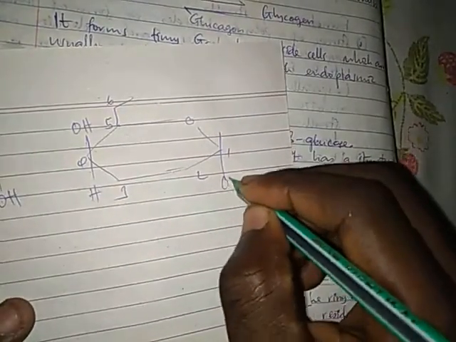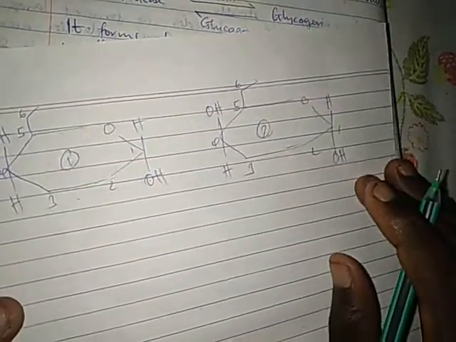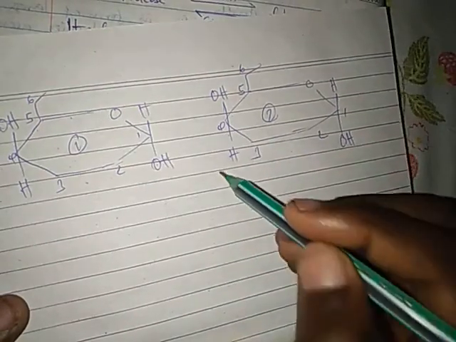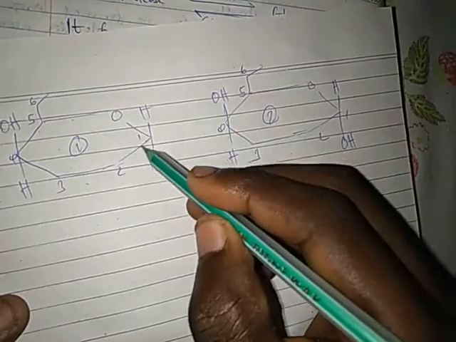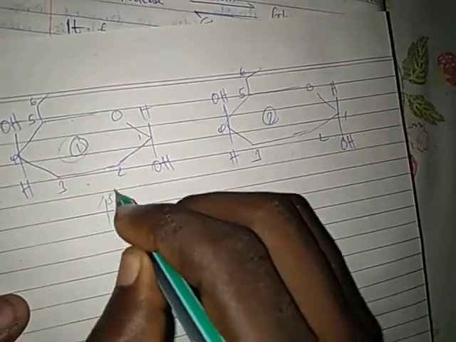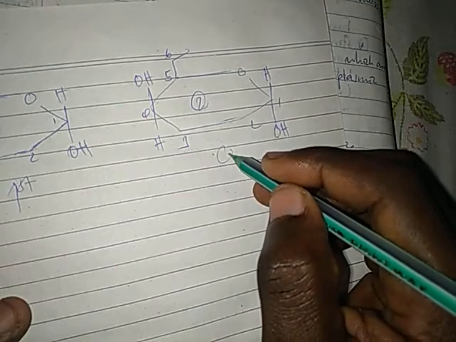So let's call this the first and this the second beta glucose, and we want the hydroxyl group at carbon atom 1 of the first molecule to project on the same side as the hydroxyl group of this carbon atom 4.